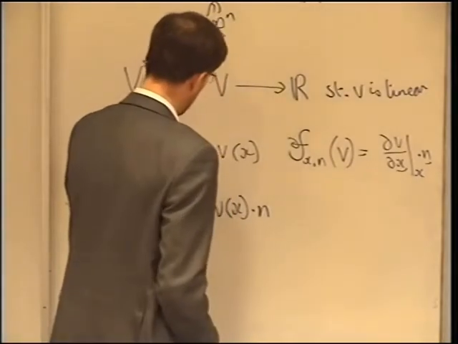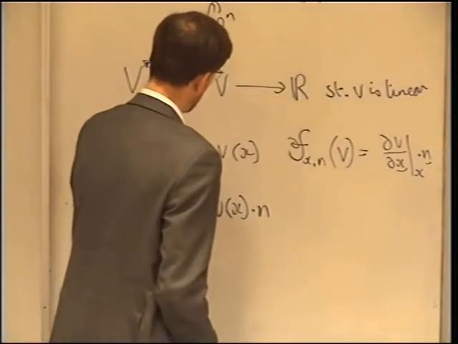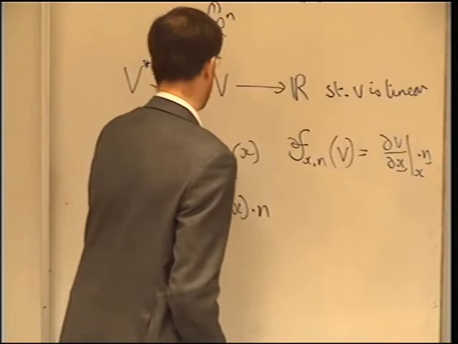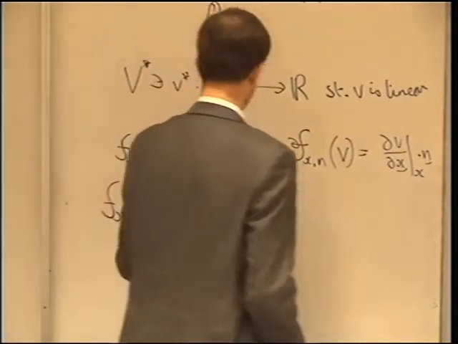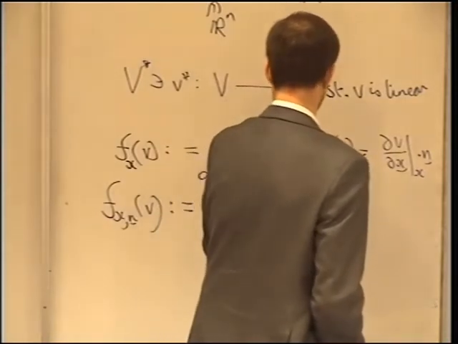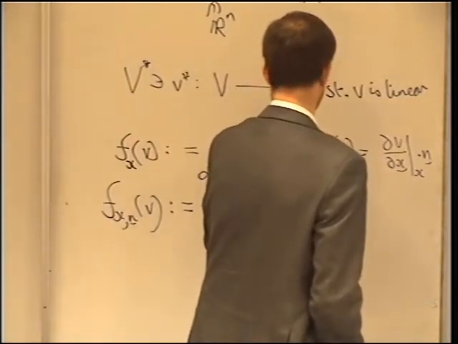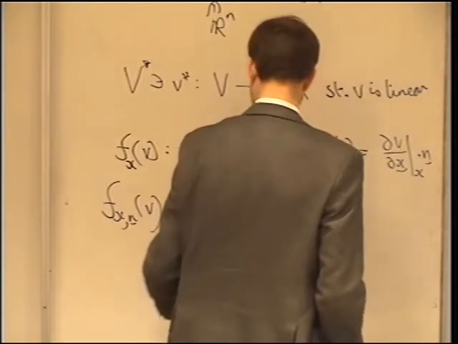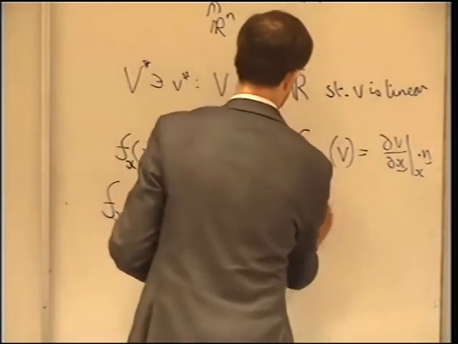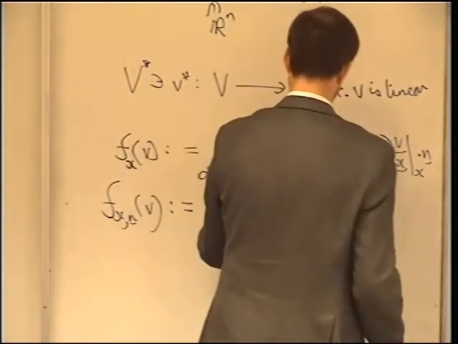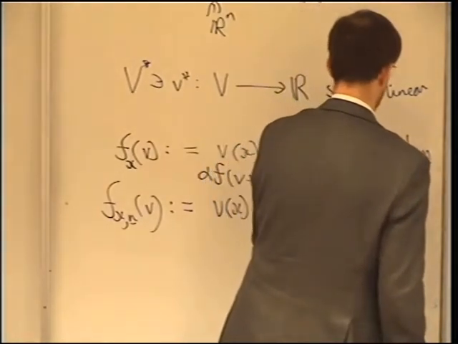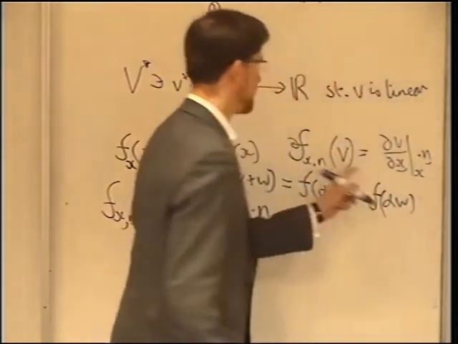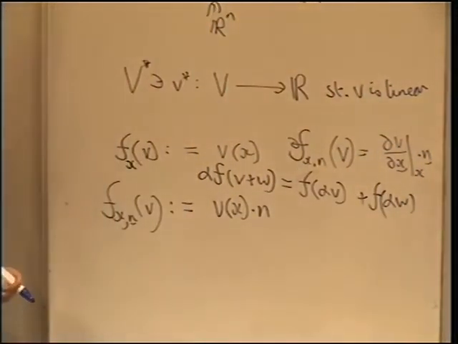Say that alpha f of v plus w equals alpha f of v plus f of w. Right? That's the way that you combine together the two statements that get you linearity.